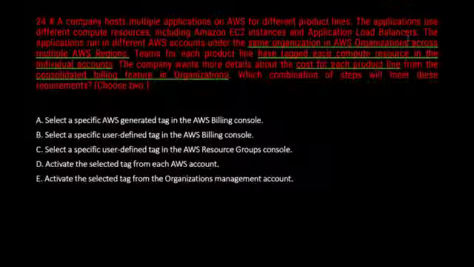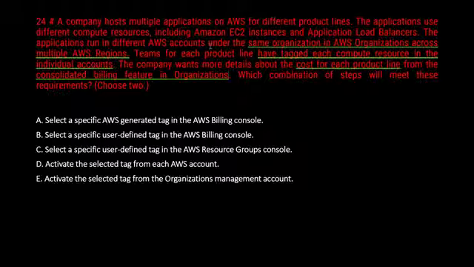The applications run in different AWS accounts. So even though you have product lines, these applications run in different AWS accounts under the same organization across multiple AWS regions, which means even though we have a product line of cars, each region will run its applications separately.